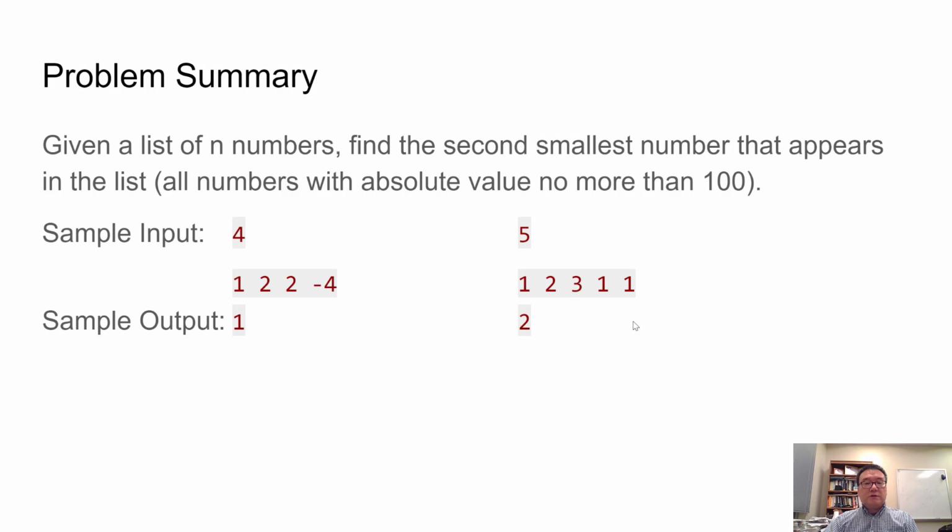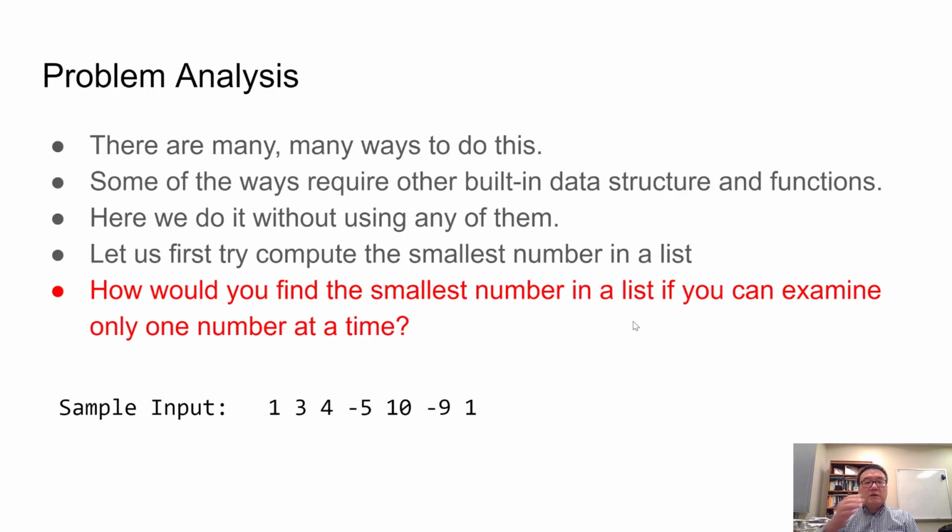So you should think about how you would solve this problem. There are many ways to solve it, and a lot of the more succinct ways, in the sense that the code is shorter, will use built-in data structures and functions that Python provides.